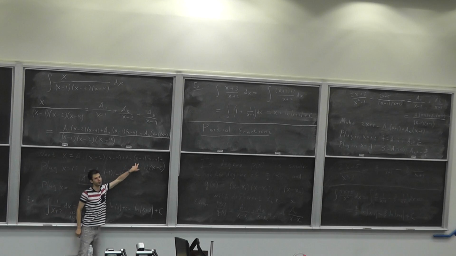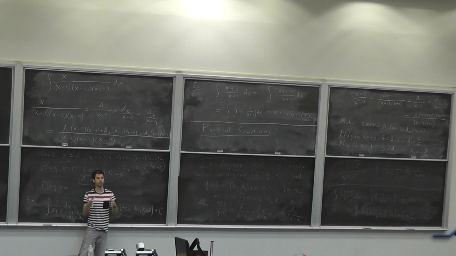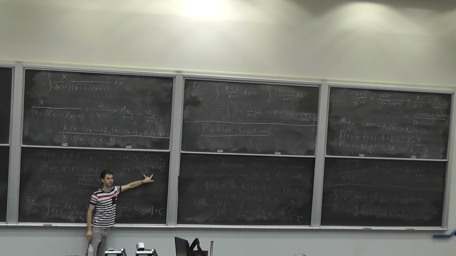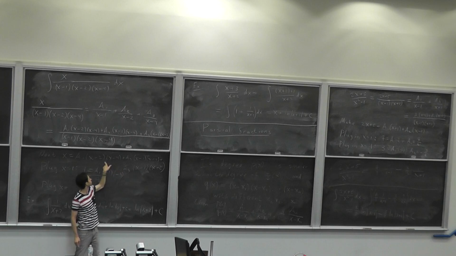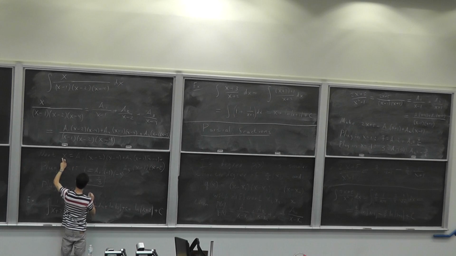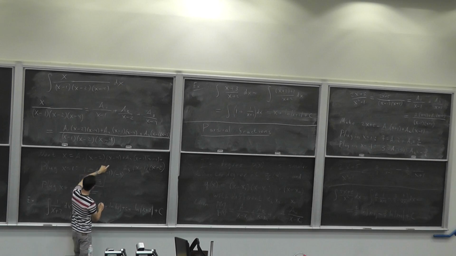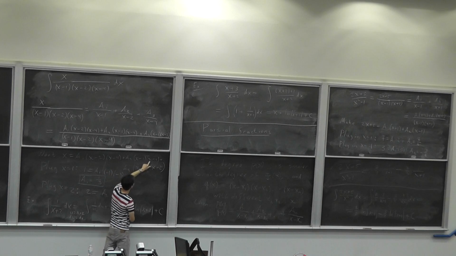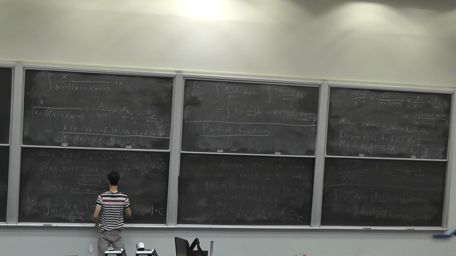Let's find A2. To find A2, I'll plug in a value of x which will make this 0 and that 0. There is exactly one value like this. So plug in x equal to 2. What you get is 2 is equal to A2 times 1 times minus 2.